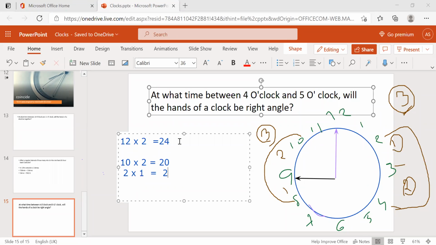So it is 2. Totally in 12 hours, 22 times it will make. And coincide in 12 hours only 11 times will happen. Okay, is it clear? This is up to the right angle and coincide and opposite.